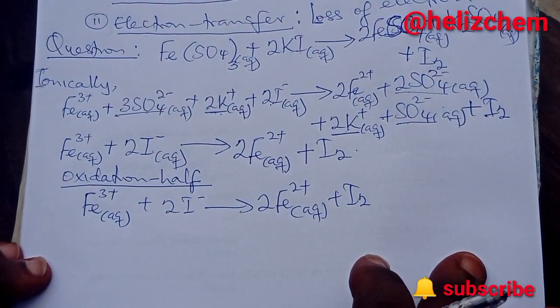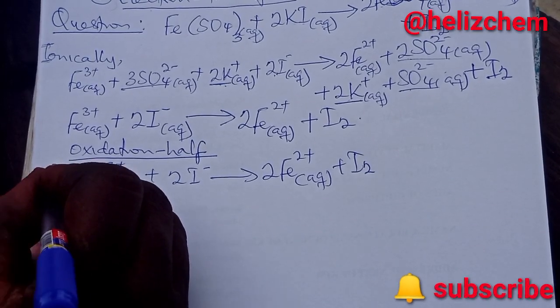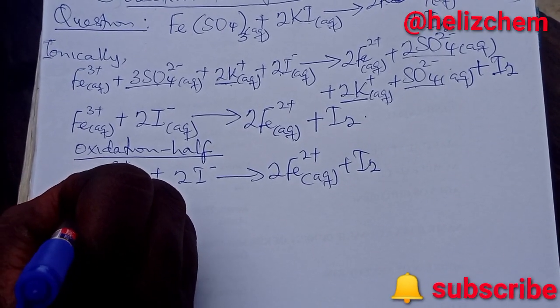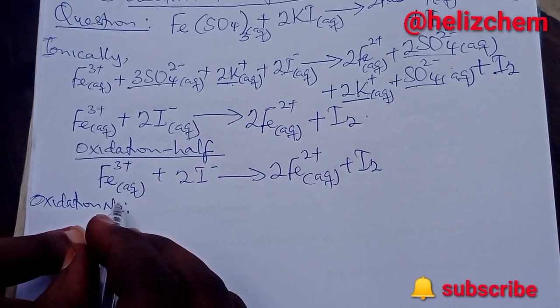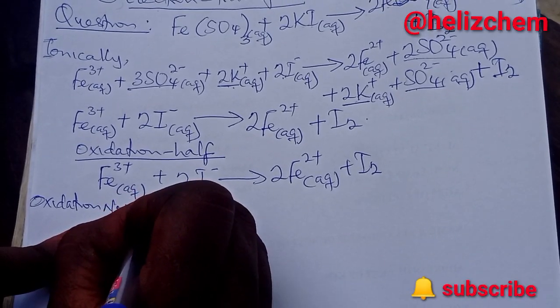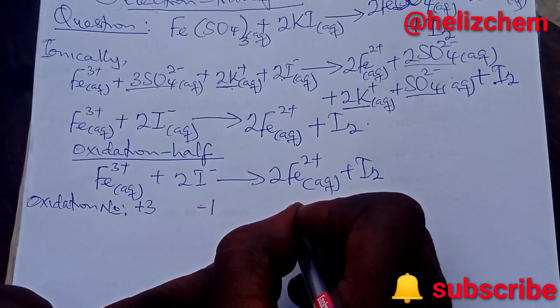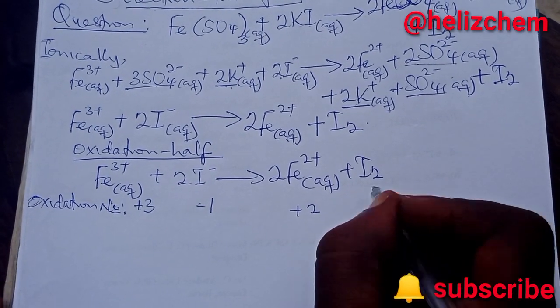Going by that definition, the first thing you do is find the oxidation number. The oxidation number of iron here is plus 3. This one is minus 1. The one here is plus 2. This one is 0.